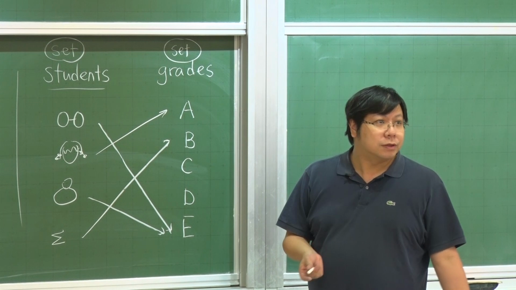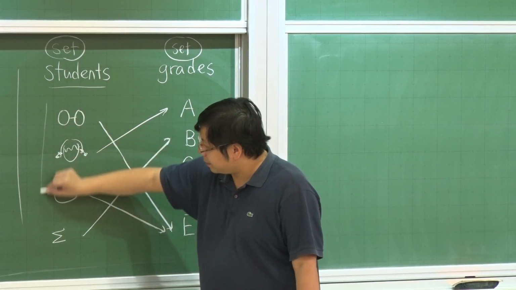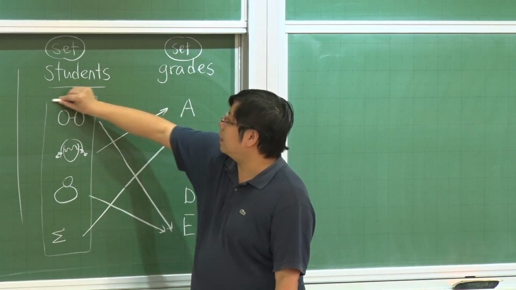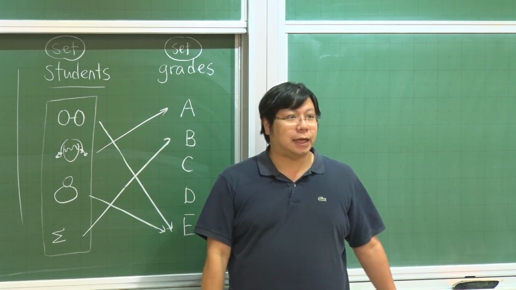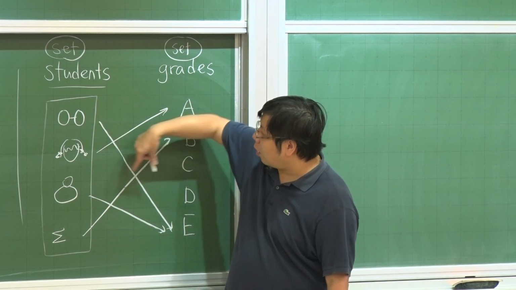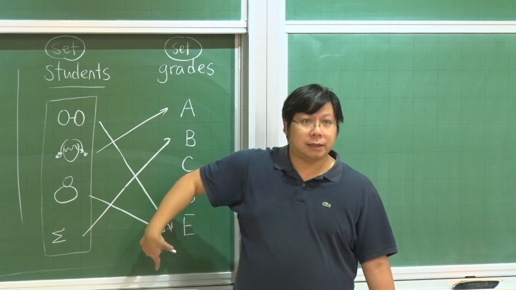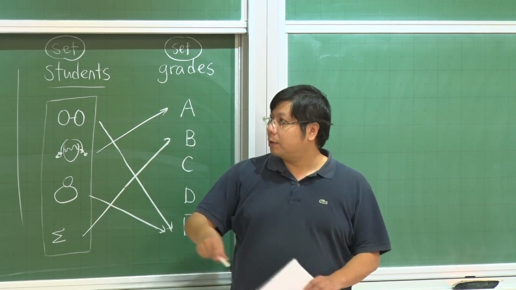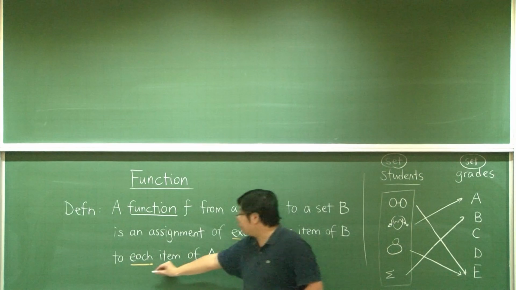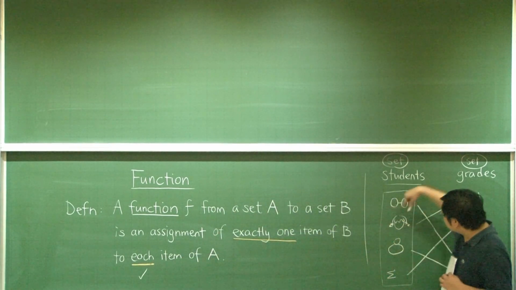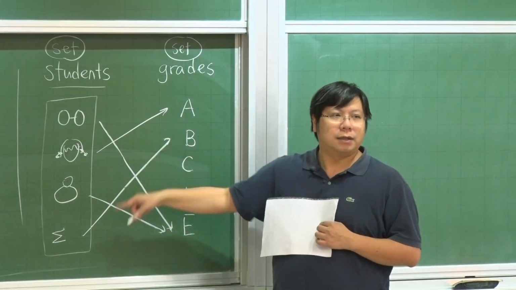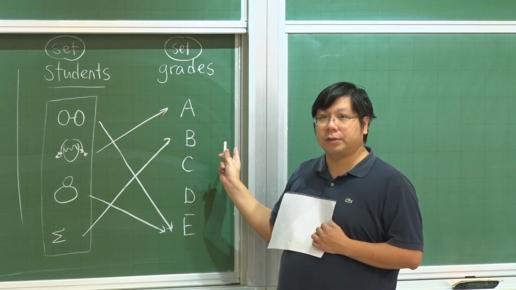It is a function because of what? First of all, let's check two things. One is, for each item in the first set of students, do they always have an assignment to some item in the other set? If so, then it is okay for this condition. Each item should have an assignment in the other set that corresponds to it.